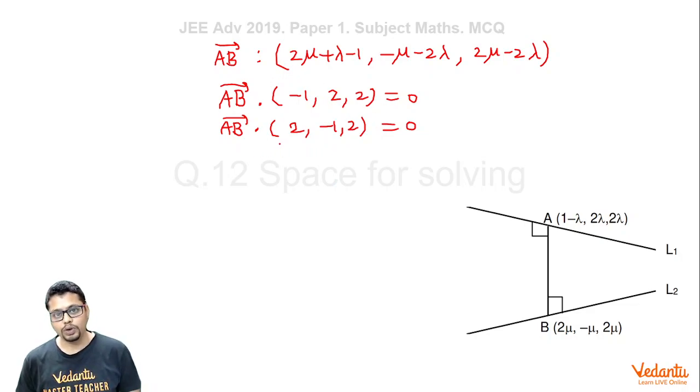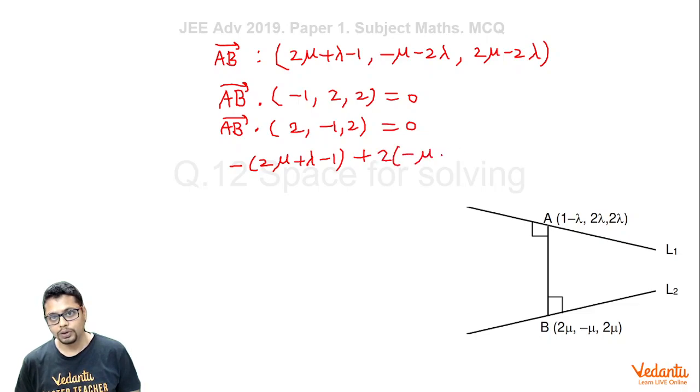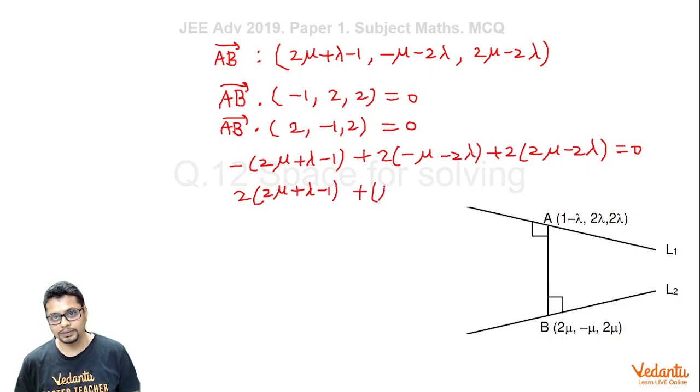As you solve, you get minus times 2 mu plus lambda minus 1, plus 2 times minus mu minus 2 lambda, plus 2 times 2 mu minus 2 lambda, equal to 0. And the second equation becomes 2 times 2 mu plus lambda minus 1, minus becomes plus, mu plus 2 lambda, plus 2 times 2 mu minus 2 lambda equal to 0.